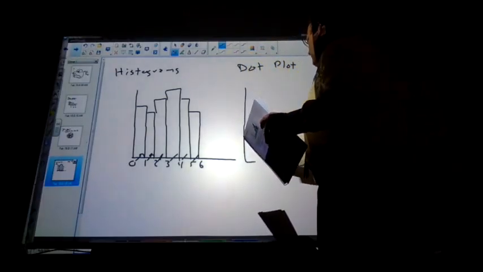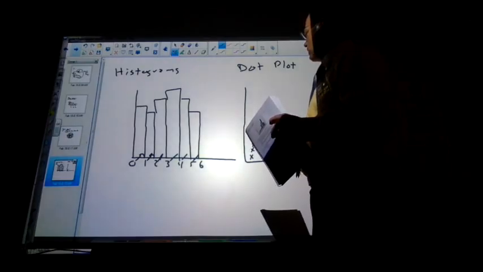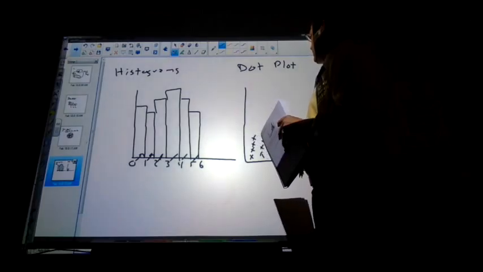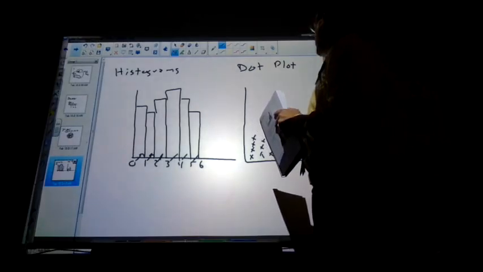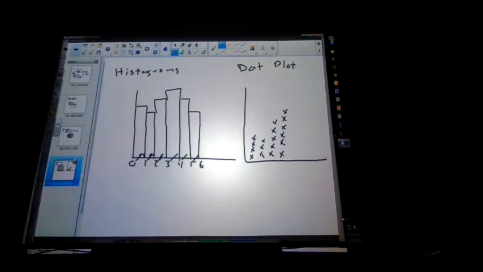If I were to do a dot plot of this, they have X's or dots, something to indicate how tall things are. I'm using X's just because my dots you'd probably have to squint at a little too much. Small amounts of data are used to look at this, and you're able to see a pattern in the data.